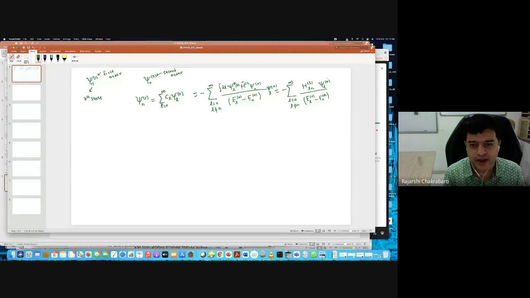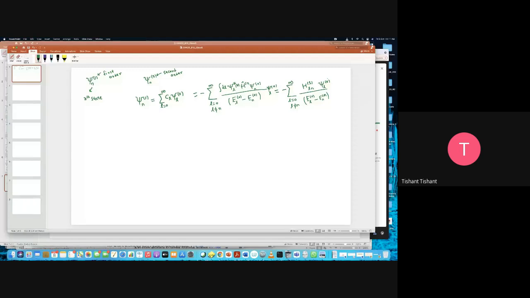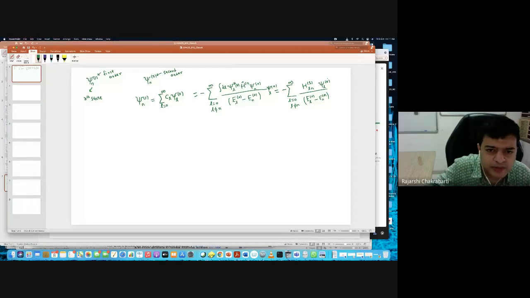What is the point of writing another psi n on the right hand side? That's why you don't write. Is it okay? Because that will be taken care of when you normalize this wave function. Is it clear? Yes, sir. This is very simple. There is nothing big about it.